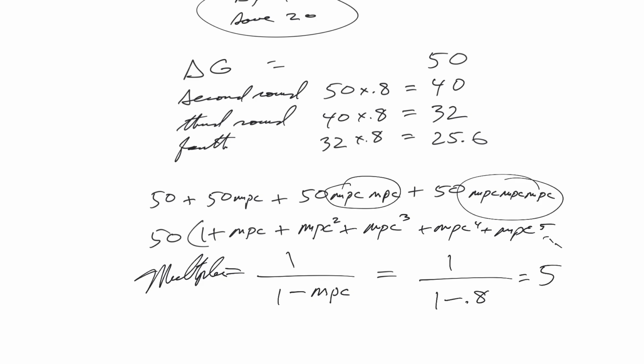So that initial change in government spending of 50 million will, through each multiple round of spending, grow to 50 times the multiplier equals 250.